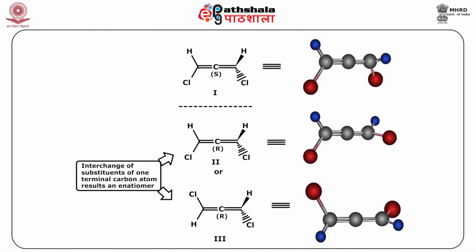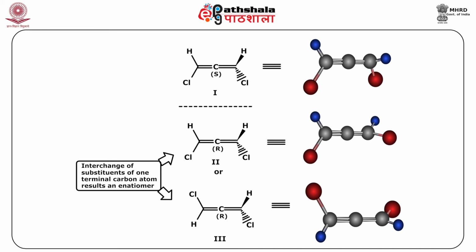The enantiomer of an allene can be represented as the mirror image of the allene, as shown in this figure. Compound 1 and its enantiomers can be written if one terminal carbon atom substituent is interchanged.